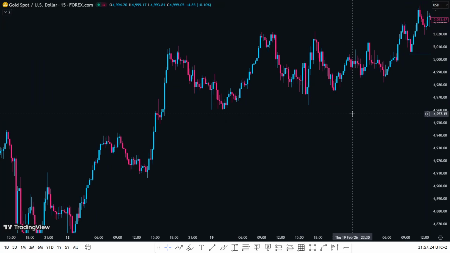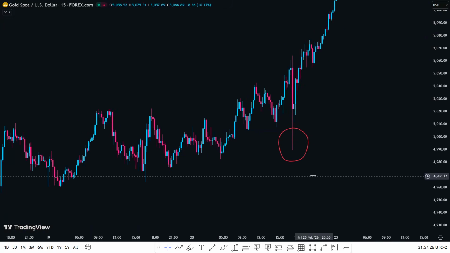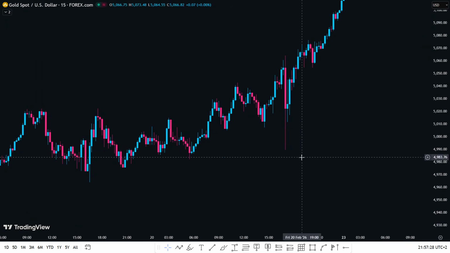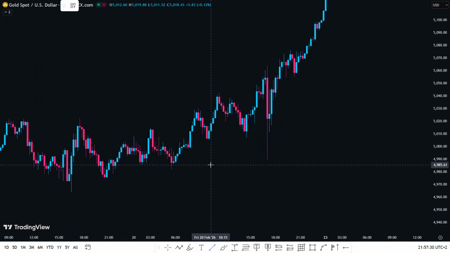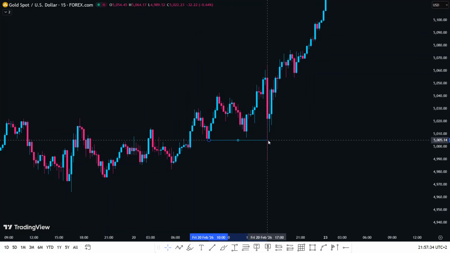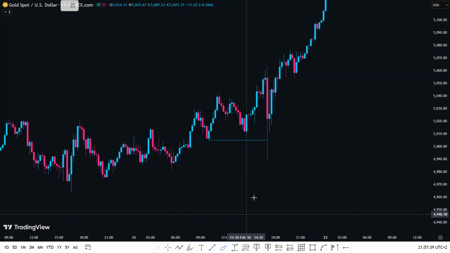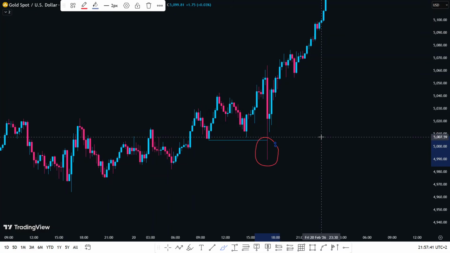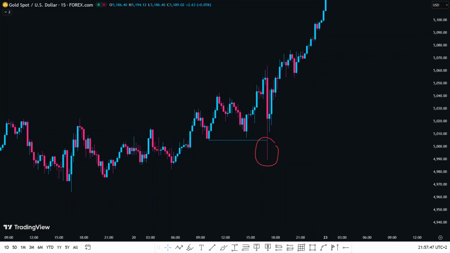So the next thing that we're going to discuss is stop hunt. Stop hunt is basically what happens after we have the set of equal lows here, then this area, what we call a stop hunt, right? Price pushes above equal highs or below equal lows, triggering breakout traders and hitting their stop losses.